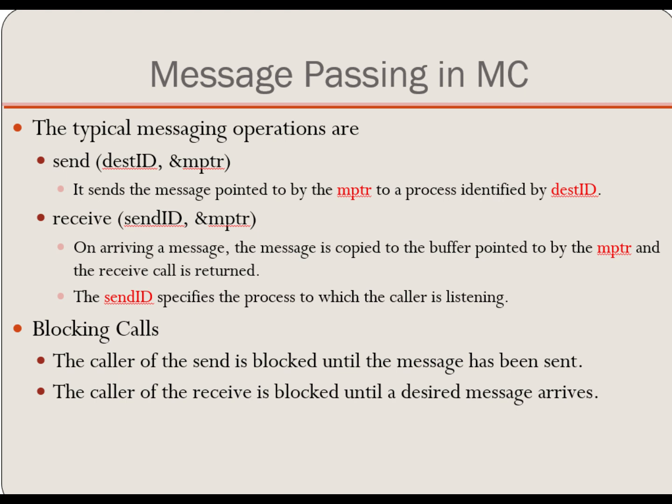When you try to receive, you use a similar interface, specifying which sender's message you want to receive, with a reserved buffer so the incoming message will be put there.